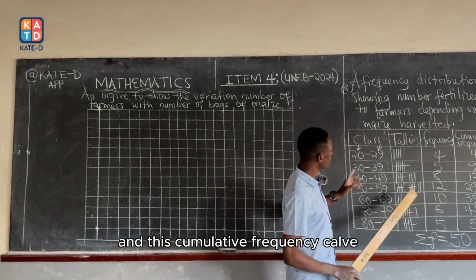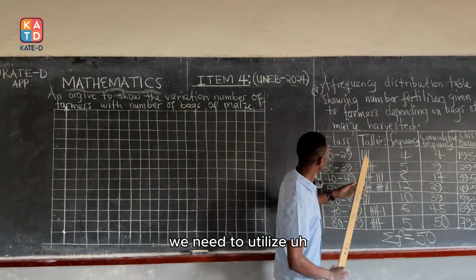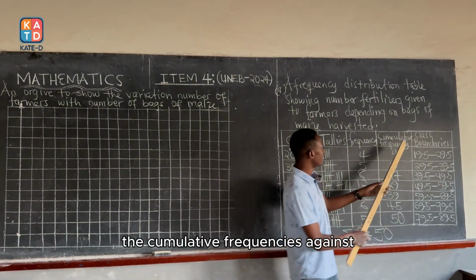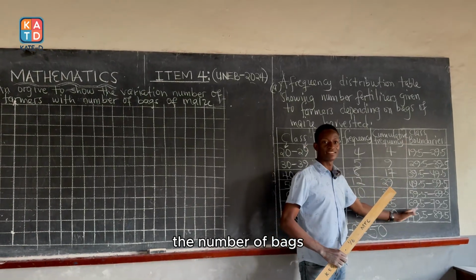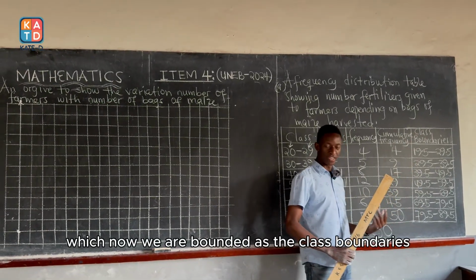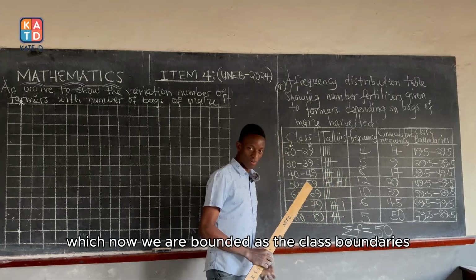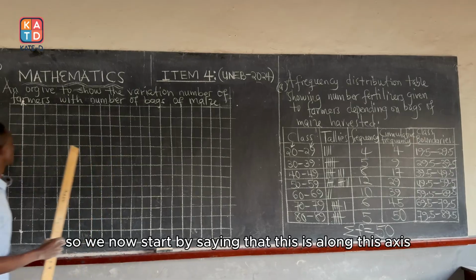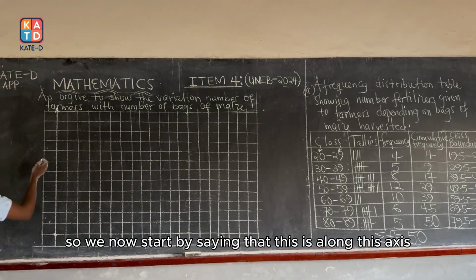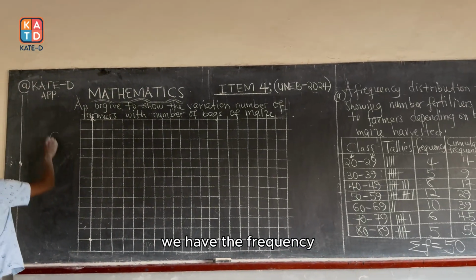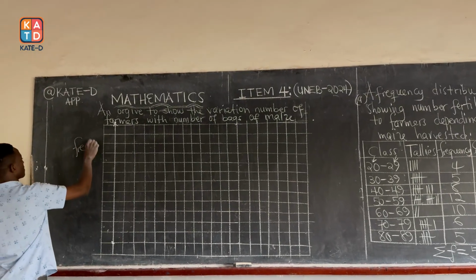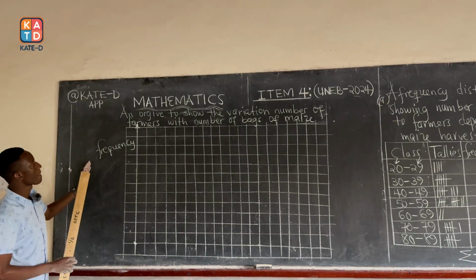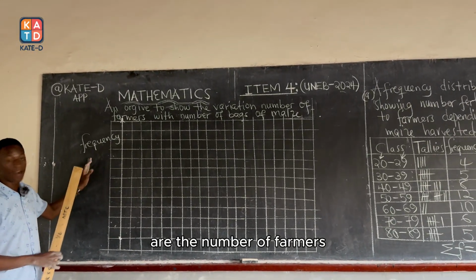And this cumulative frequency curve, we need to utilize the cumulative frequencies against the number of bags, which we have bounded as the class boundaries. So along this axis, we have the frequency, or someone can represent it as the number of farmers.